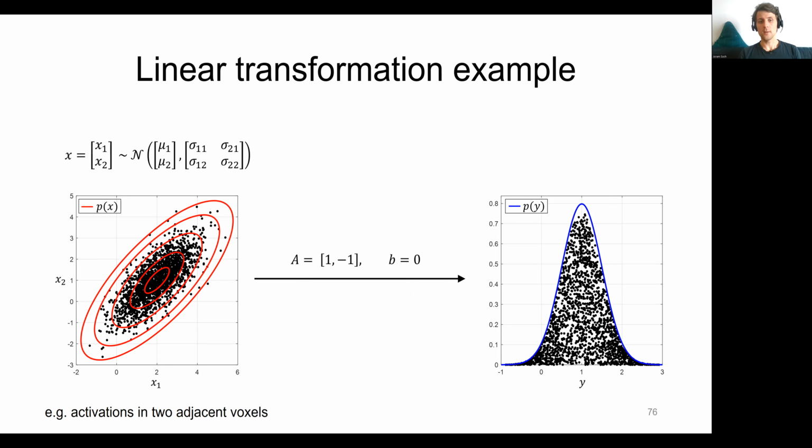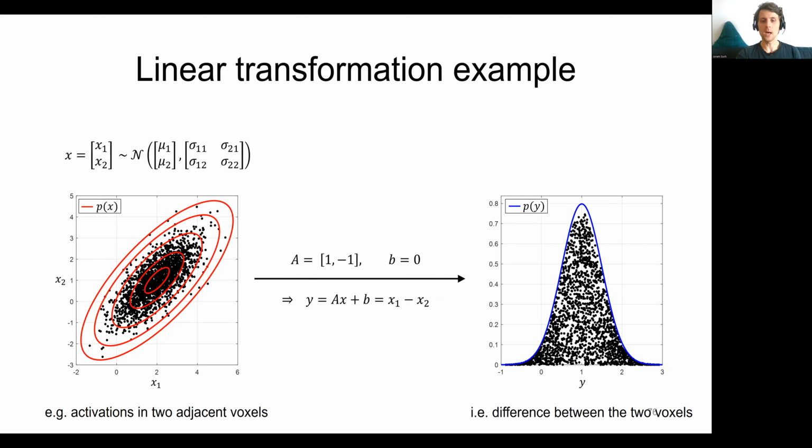Then if we specify the constant matrix and the constant vector like this, we obtain the transformation of this random vector composed just of two elements. This will be the difference between these two voxels' activity.